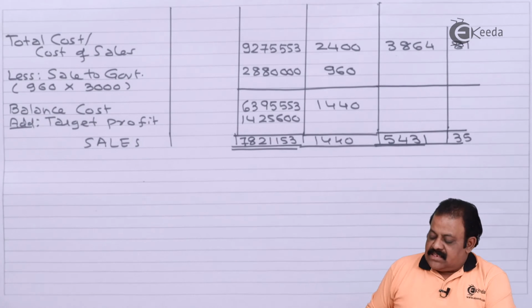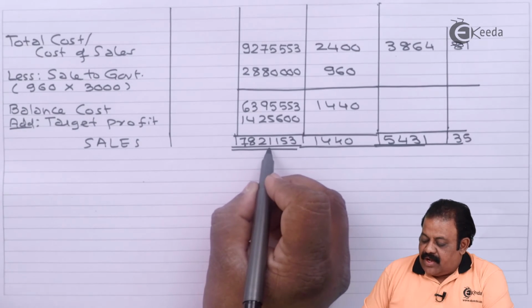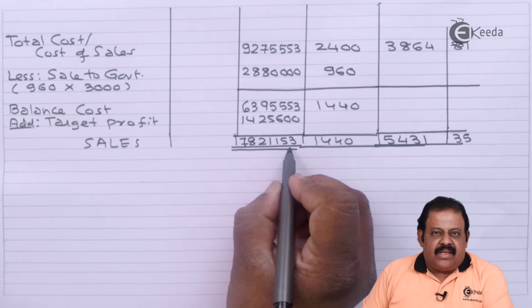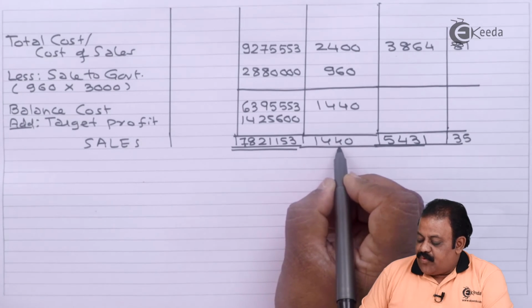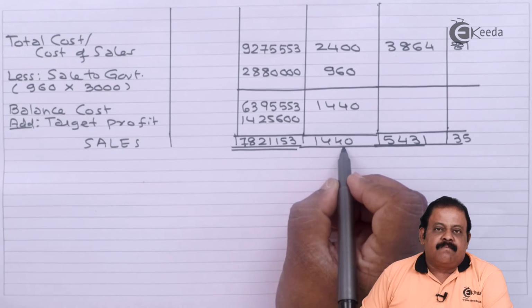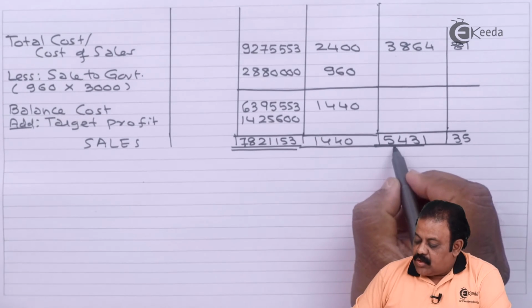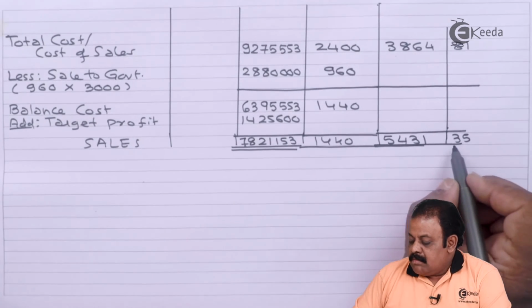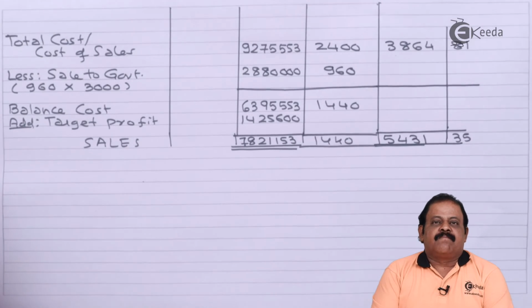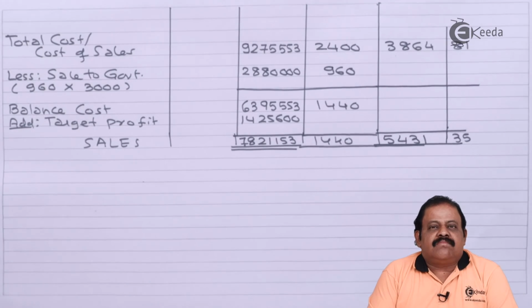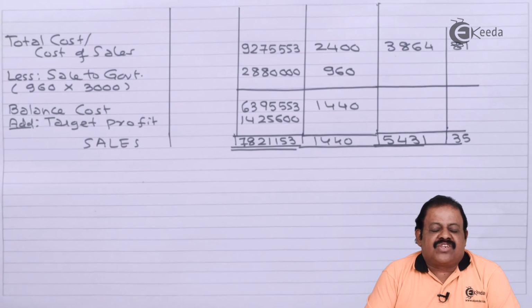So required sales is 78 lakh 21,153 by sale of 1,440 tons of sugar. So selling price per ton here would be 5,431.35 paise. This is how we can ensure target profit when we are required to sell our output to the government at a loss. This is what we have studied in this question.